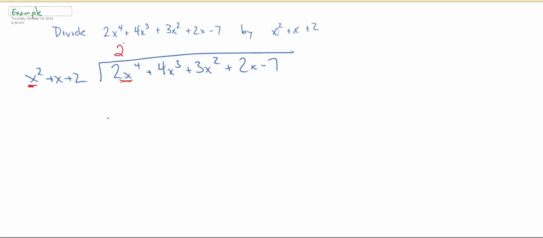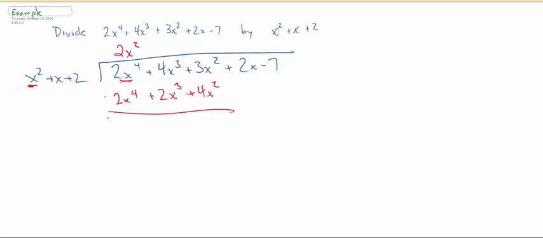Now we need to multiply by 2x squared. 2x squared times x squared is 2x to the 4th. And now, just like in that number example, I'm going to take this value up here, this power, and multiply by this whole thing. I'm going to write it here. So we have 2x to the 4th, and then we have 2x cubed, and then we have plus 4x squared.